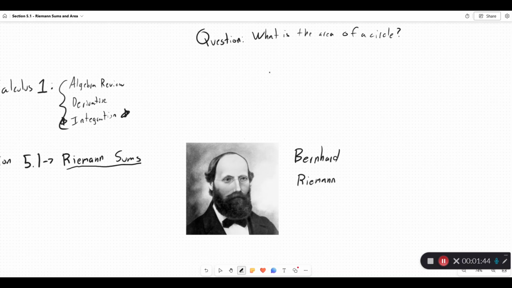One of the ways that you might answer that is you might say, oh, pi r squared. But the question really becomes how do you know this to be true? For a circle, we have this area. For a square, it's just the side length squared. And so for the circle, we have this constant pi.